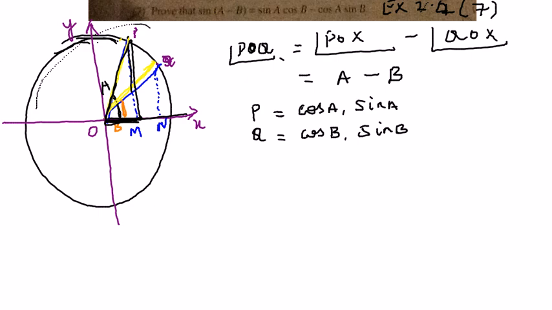So this becomes cos A. Similarly, in case of the y coordinate, it is sin A because sin A is opposite by hypotenuse, and for angle A, the opposite side is parallel to the y-axis. So it becomes sin A. Okay. So likewise for Q it is cos B and sin B.